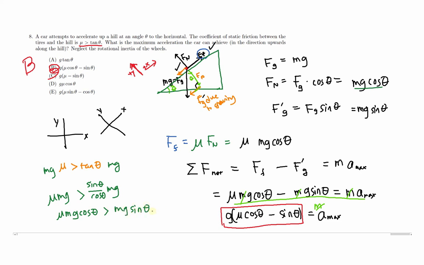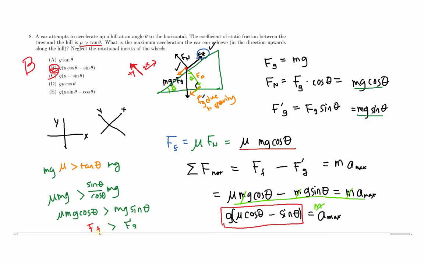So eventually I have this. Where do we see mg sine theta? We saw it here, right? That turned out to be the component of force due to gravity. And where do we see mu mg cosine theta? We already saw it here. That represents our force of friction.